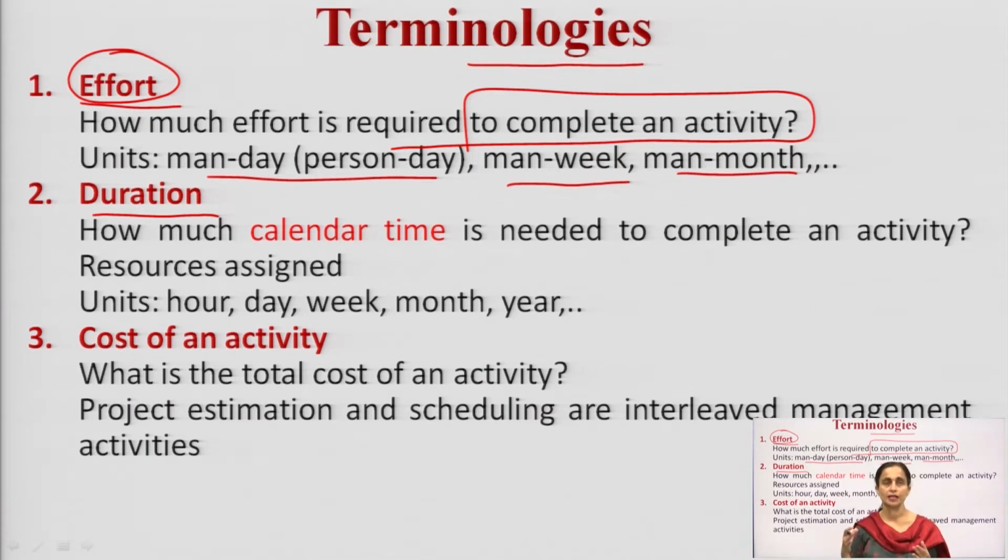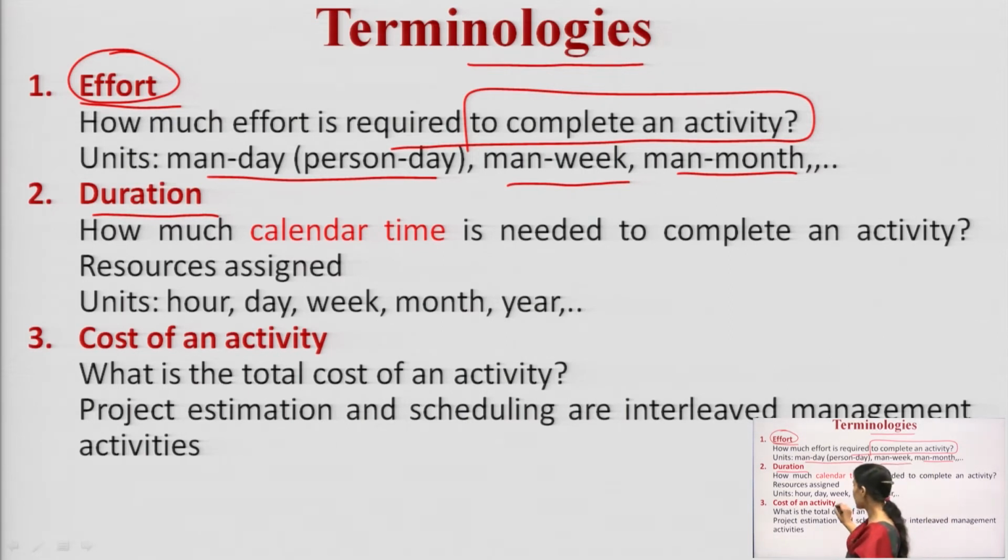By the end of this year, this software will be launched. So this planning is required, and that planning is done in terms of duration. Duration stands for how much time I require. It may be in terms of hours, days, weeks, months, or years.